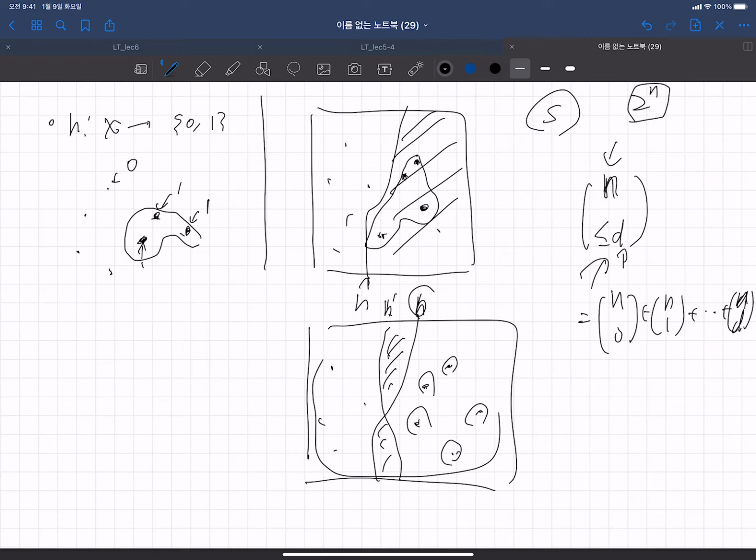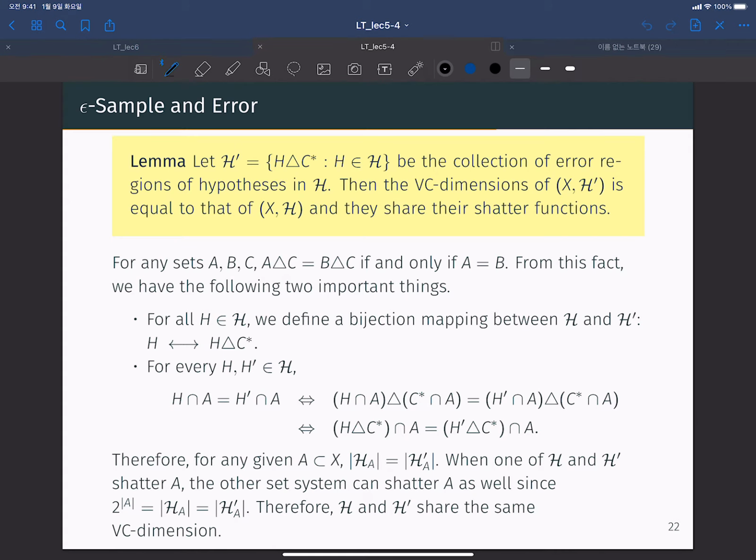Right? Okay. So now I will explain how to connect our hypothesis analysis, the epsilon net theorem, to the PAC learning argument. This lemma will connect them.